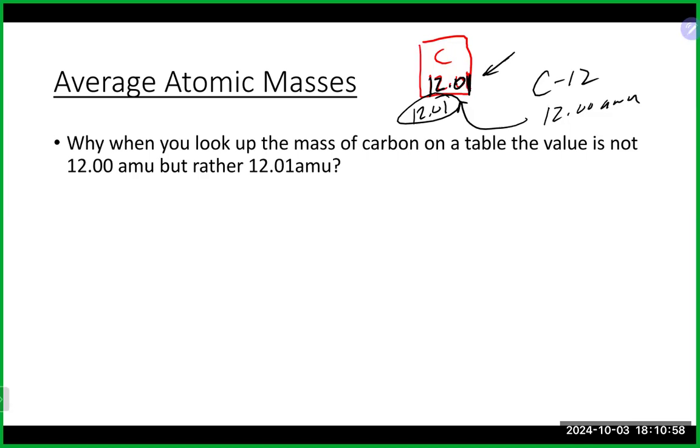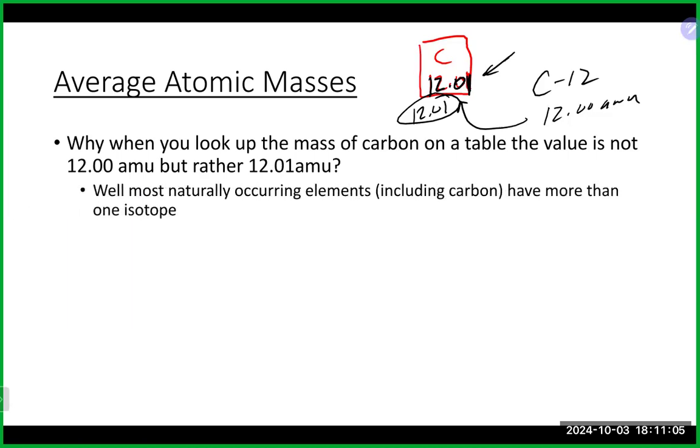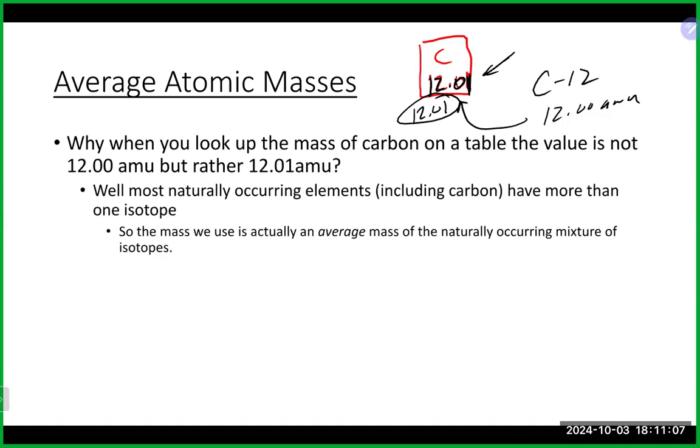For example, carbon has the carbon-12 isotope and the carbon-13 isotope as its naturally occurring isotopes. So this is how we can calculate the atomic mass of a particular element.